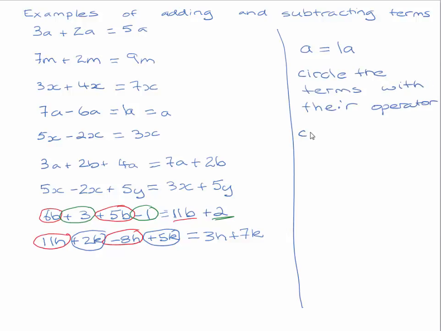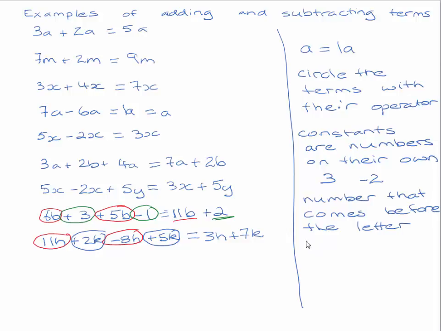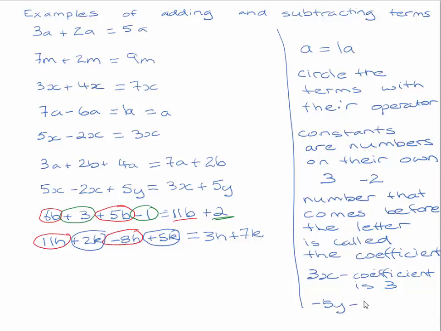And constants are numbers on their own. So 3 is a constant, minus 2 is a constant. Something we also didn't mention is that the number that comes before the letter is called the coefficient. So 3x, the coefficient is 3, minus 5y, the coefficient is minus 5.